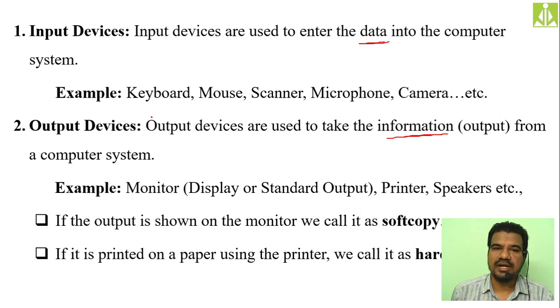So you will take the printout of that PDF document, isn't it? So that printout on a paper, when you are getting that same document, we will call it a hard copy. Soft copy and hard copy, you have to understand these two things.